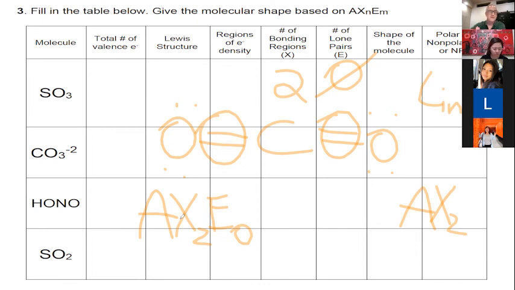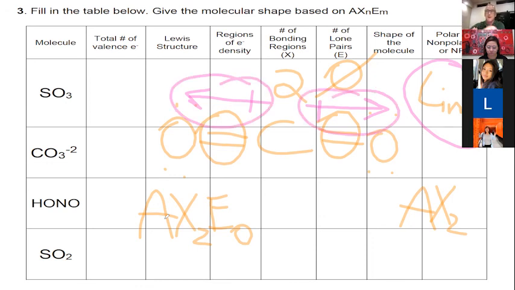So what does that mean when it comes to the polarity? Well, let's draw the bond dipoles. Oxygen is more electronegative than carbon, so the bond dipole is going to point toward the oxygen. And this bond dipole is also going to point towards the oxygen. But since this is linear, each one of these bond dipoles is exactly the same because they're both carbon, oxygen.